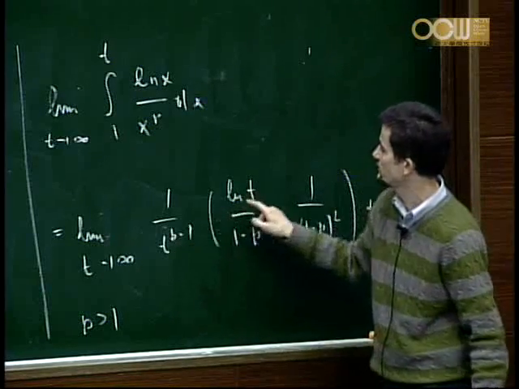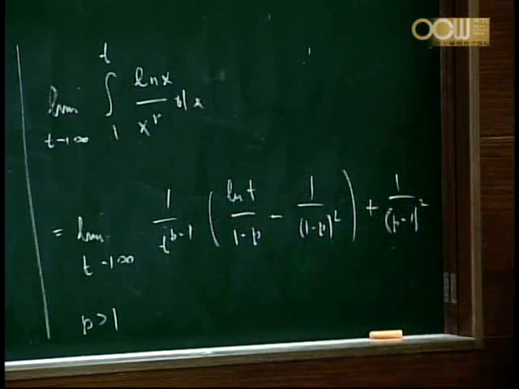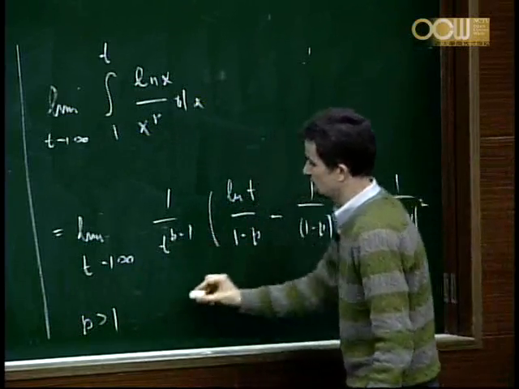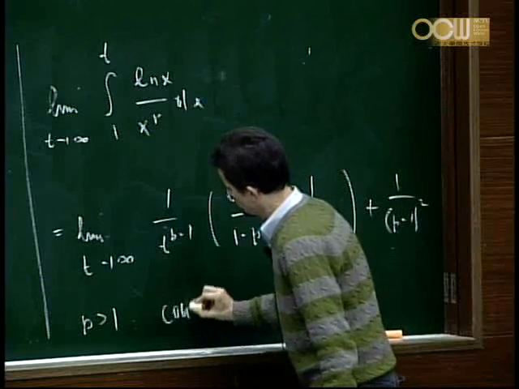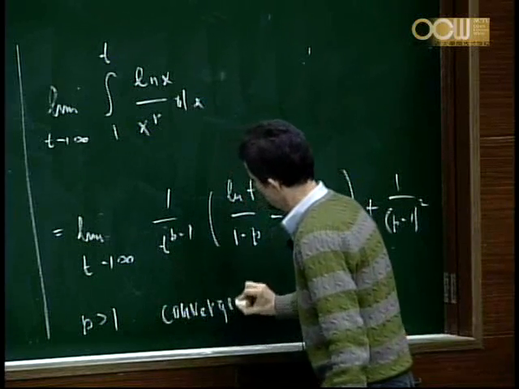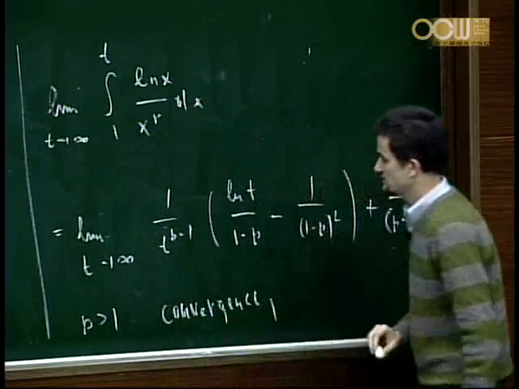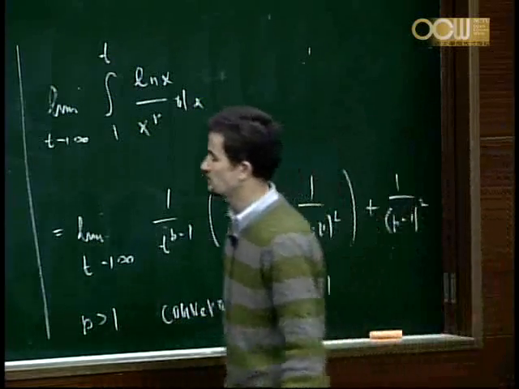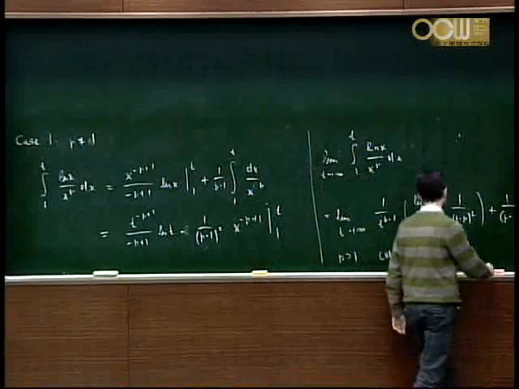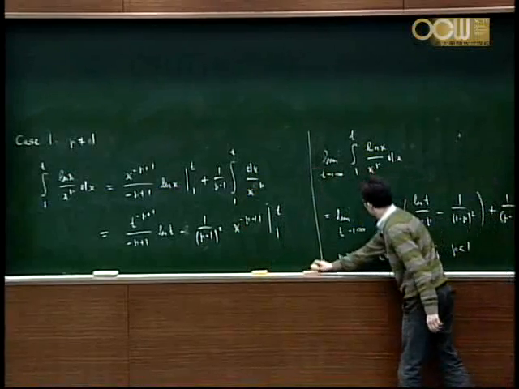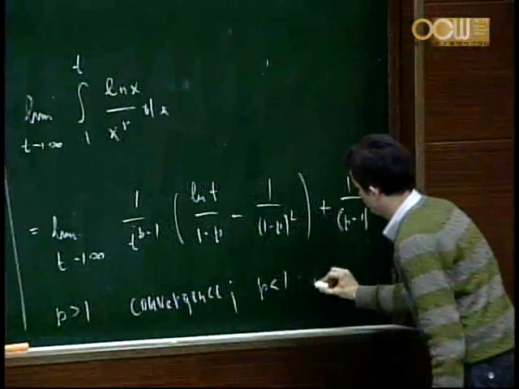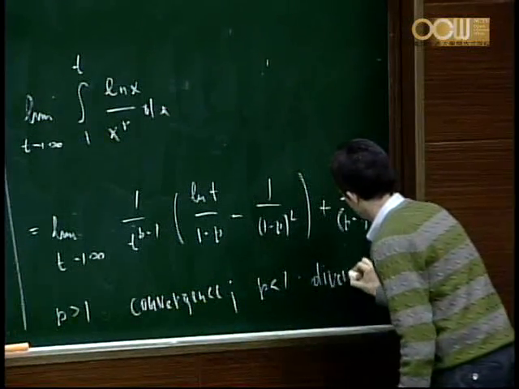So if p is larger than 1, this limit exists, which means convergence for the original integral. And if p is smaller than 1, and of course larger than 0, because we always look at this case here, then this will tend to infinity. In this case, what we get is divergence.